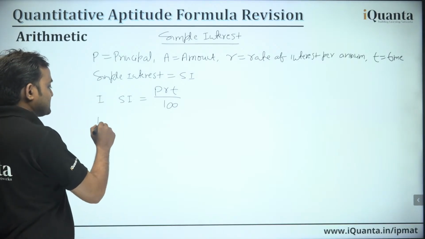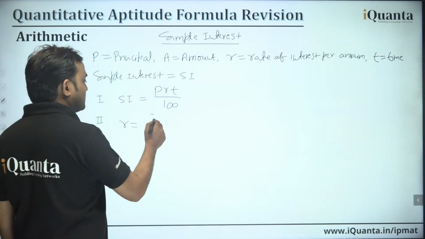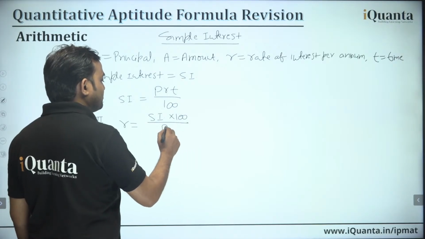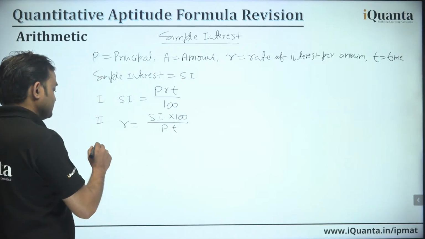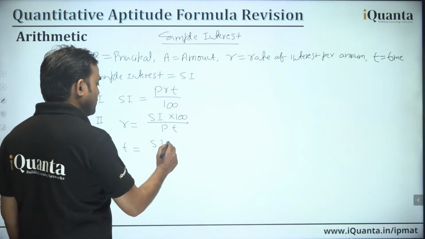Now using this, we can also calculate the rate of interest, which will be equal to SI into 100 upon P into T. Then we can calculate the time as well using the same formula.